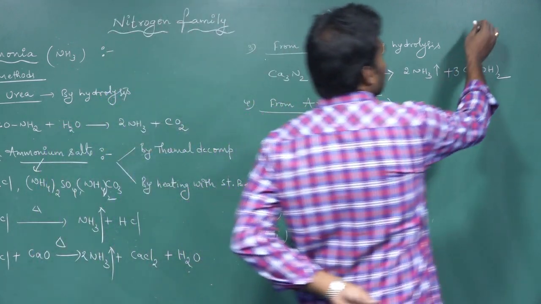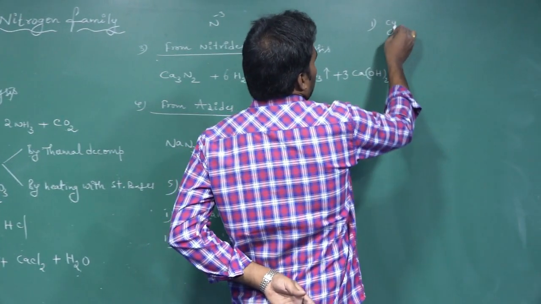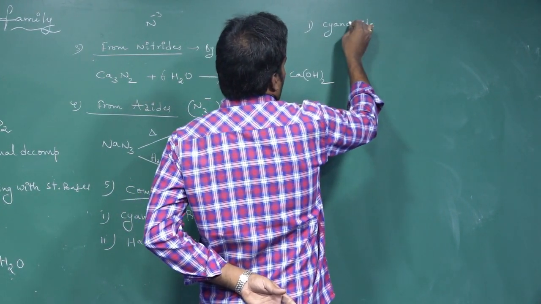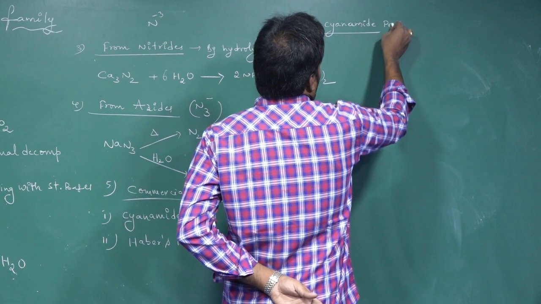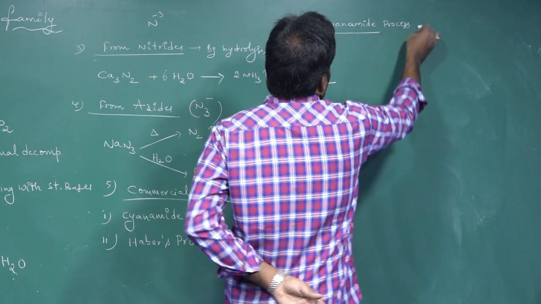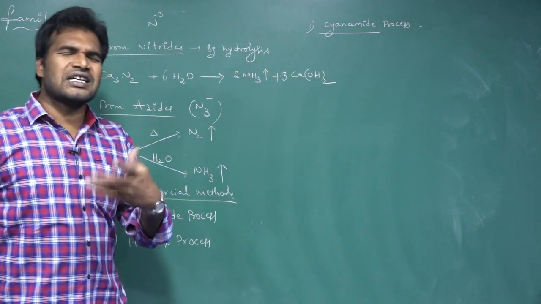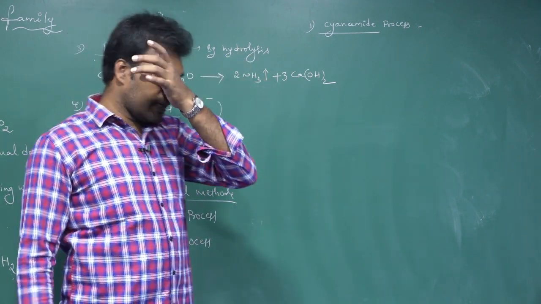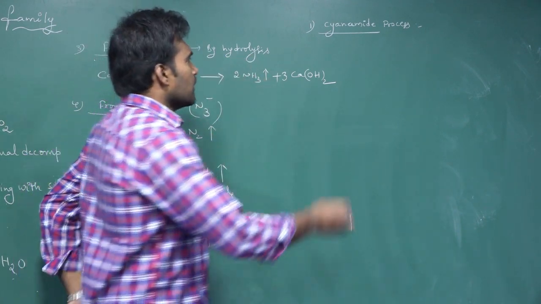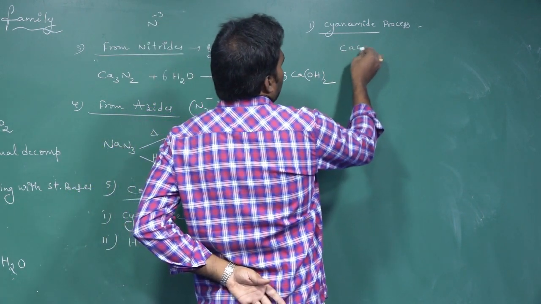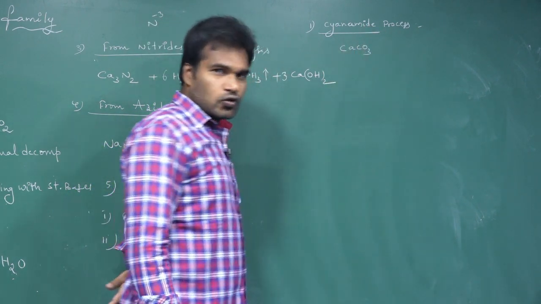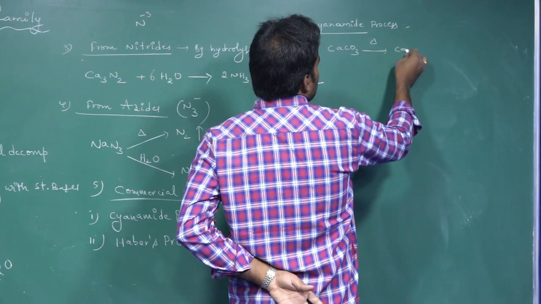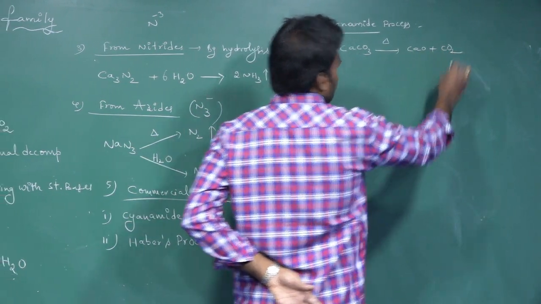Let us see these 2 processes one by one. The first one, the cyanamide process, is a multi-step process. If you go through many steps, then only can we finally get ammonia. Let us see. In the first step, they take limestone, CaCO3. When limestone is heated, what do we get? CaO plus CO2.